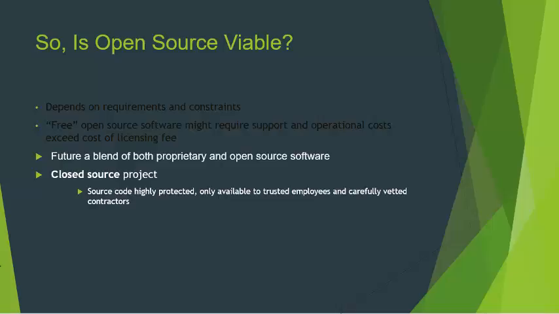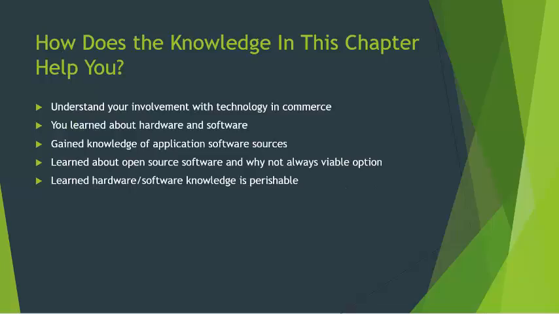So that ends this chapter, and hopefully this chapter will give you some understanding of how technology is being used in commerce and how your involvement might take place. We talked a little bit about the different types of hardware and software that are available today, but that's going to change, and so you need to keep track of that hardware and software and see how you might use it in your own organization or business.